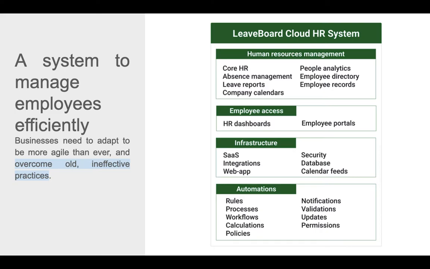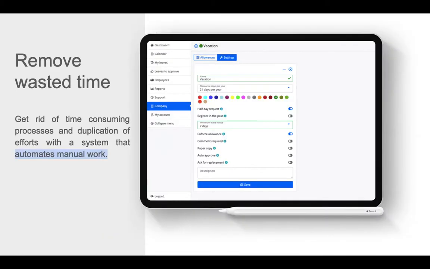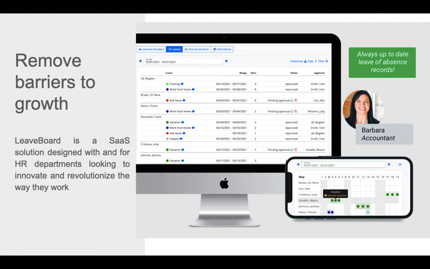And on the automation side, we have rules, processes, workflows, automated calculations, multiple policies, automated notifications, dynamic validations, constant updates, and a lot of customization in terms of permissions. Such tools will remove data headaches, wasted time, and the barriers to growth.